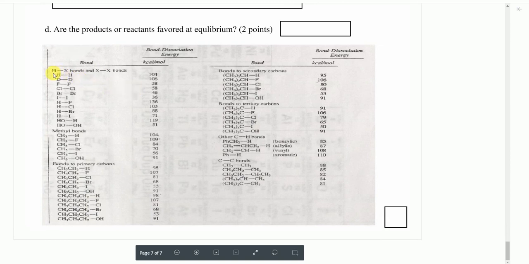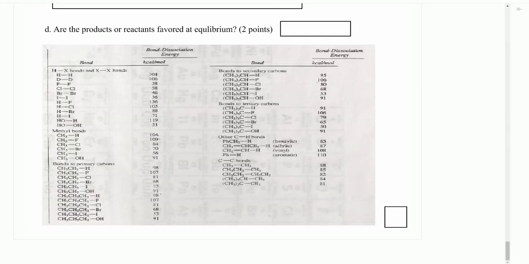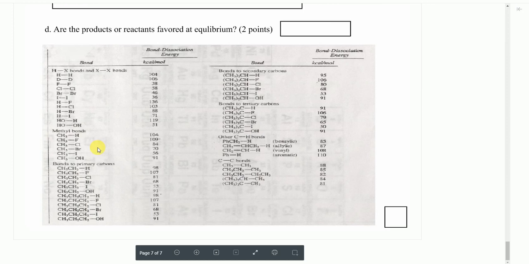So let's read it. HX bonds and XX bonds. X represents halogens. So we have HH, DD, FF, whatever. So the Br2 bond is 46. And we also need to find bonds to secondary carbons.